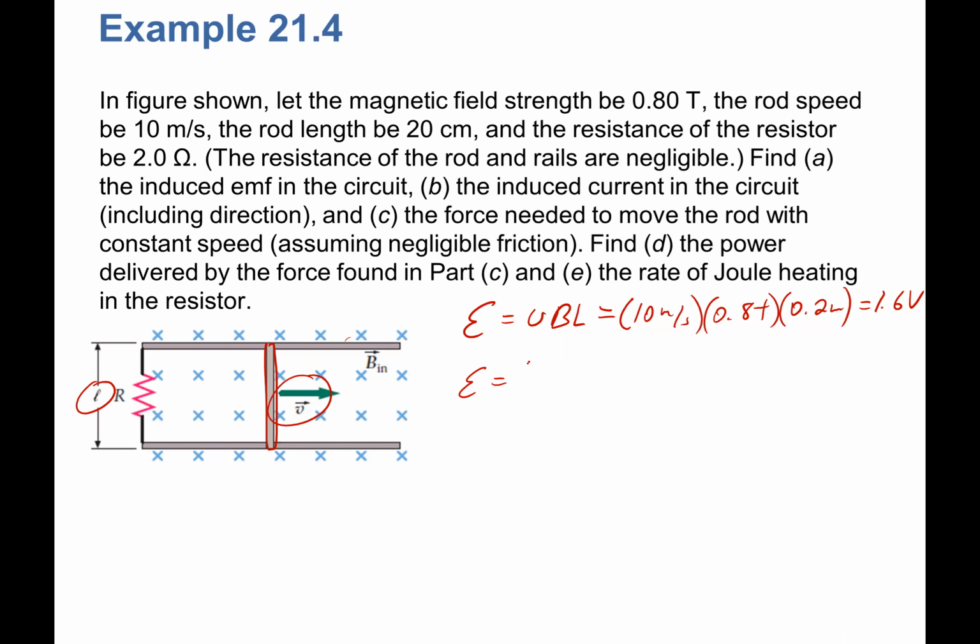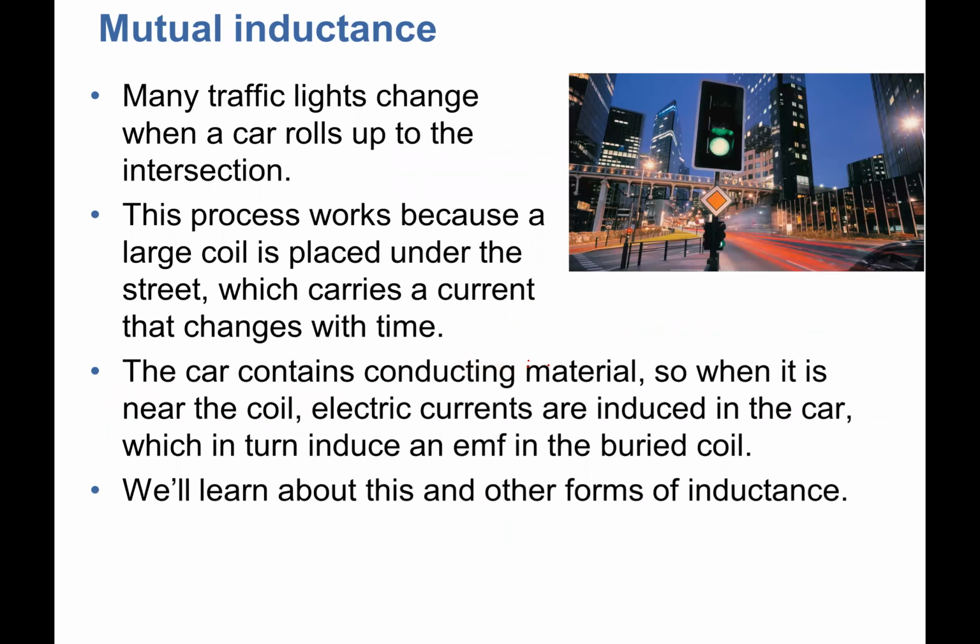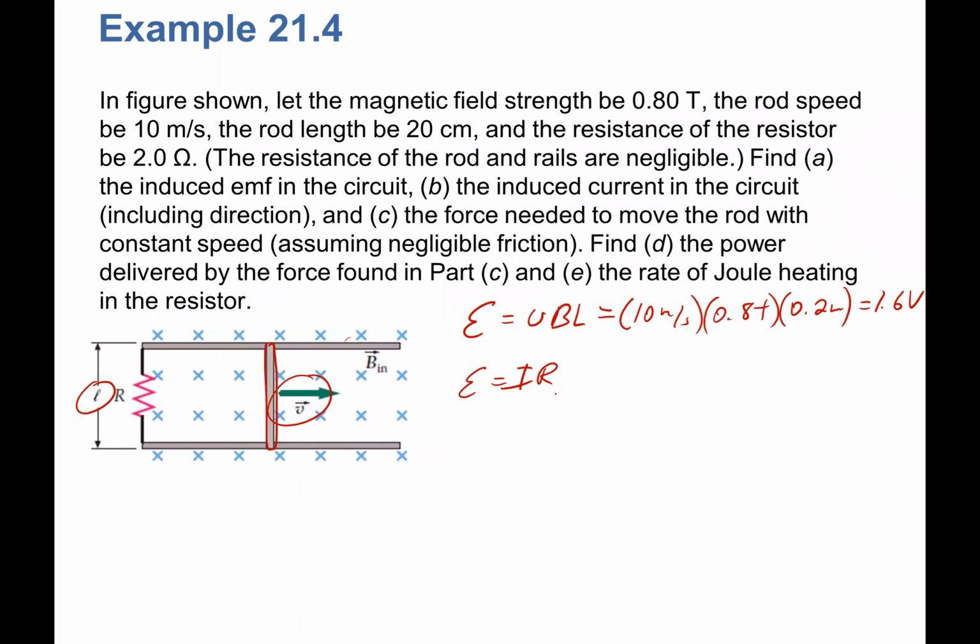EMF equals current times resistance. That means from here I can calculate induced current, taking EMF and dividing by resistance. So 1.6 volts divided by 2 ohms. So we get 0.8 amps. Right, it means 0.8 amps of current. All right, we got that as well.